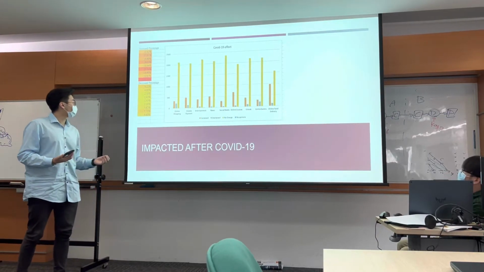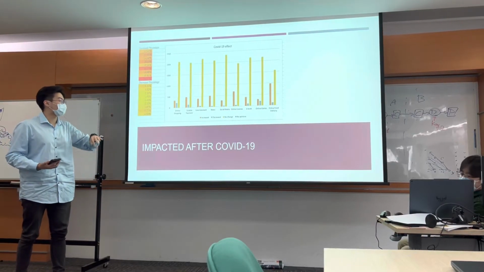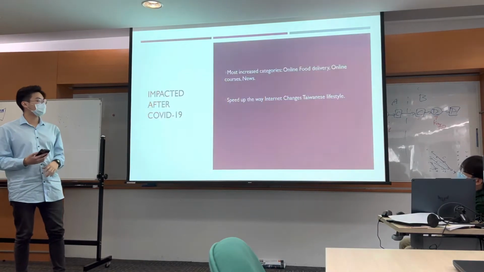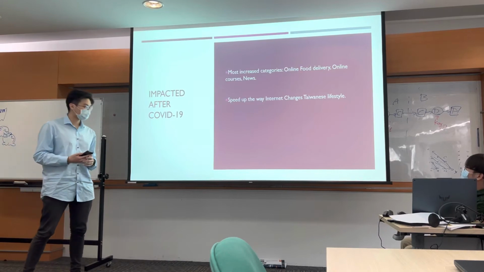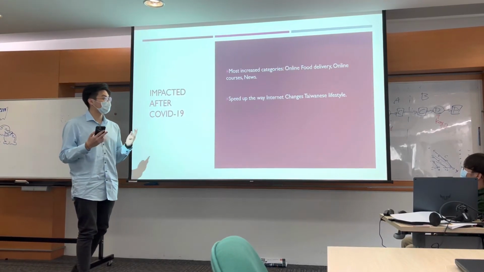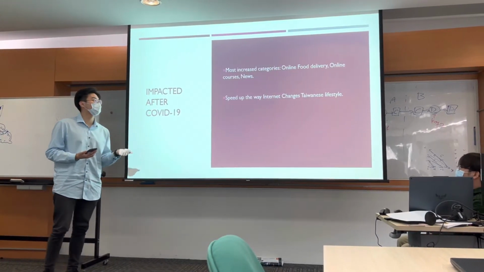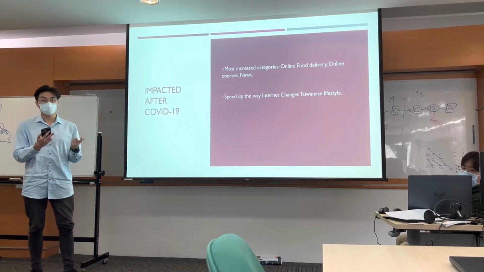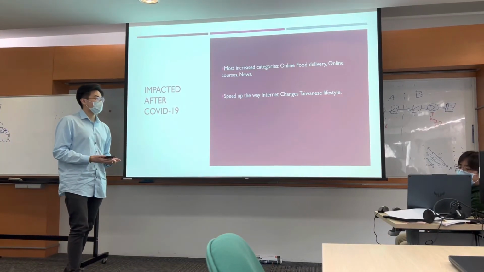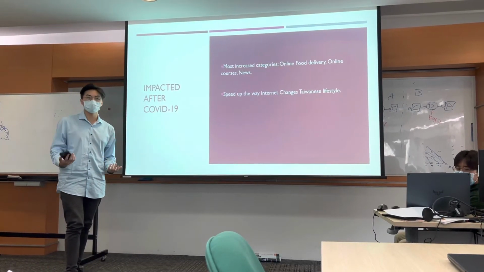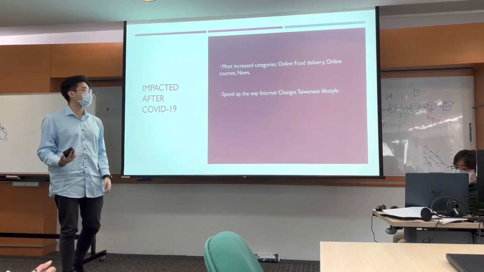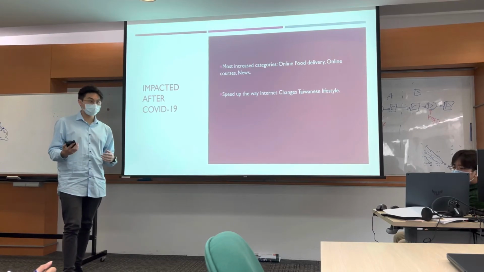The three subjects that increased the most are food delivery, online courses, and news. As you can see, after COVID we rely on the internet more strongly, and it did speed up the way the internet changes our lives.